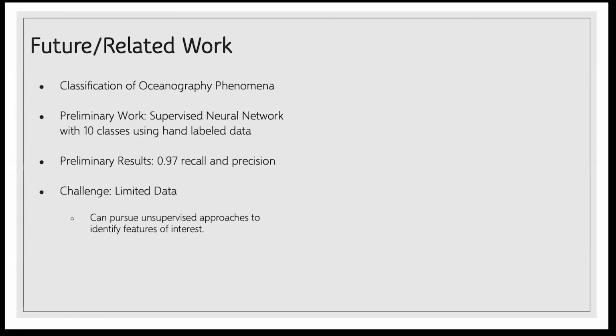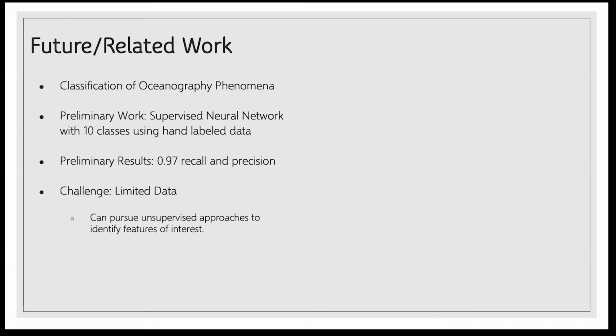So we did look into the classification of oceanography phenomena, because if we're able to automate the process of classifying these, it can help oceanographers more efficiently process their data and focus a lot more on tracking patterns and such. We did some preliminary work with a supervised neural network with 10 classes using hand-labeled data. The results are promising. We see the recall and precision scores are really high.